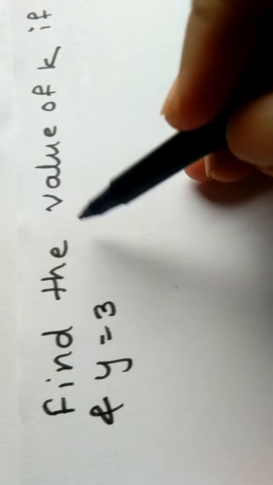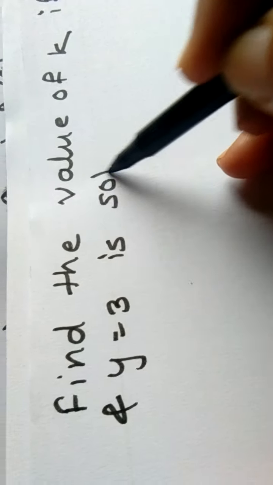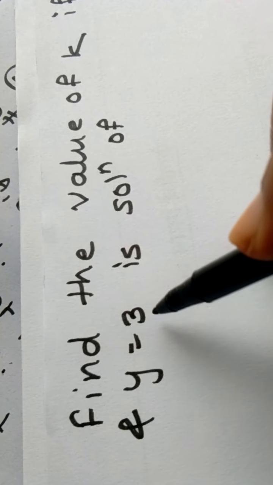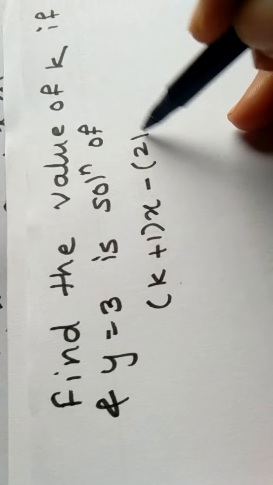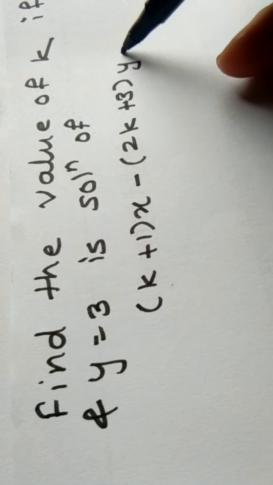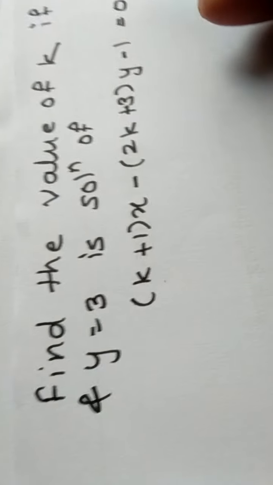Find the value of k if x is equal to 2 and y is equal to 3 is a solution of (k plus 1)x minus (2k plus 3)y minus 1 is equal to 0.